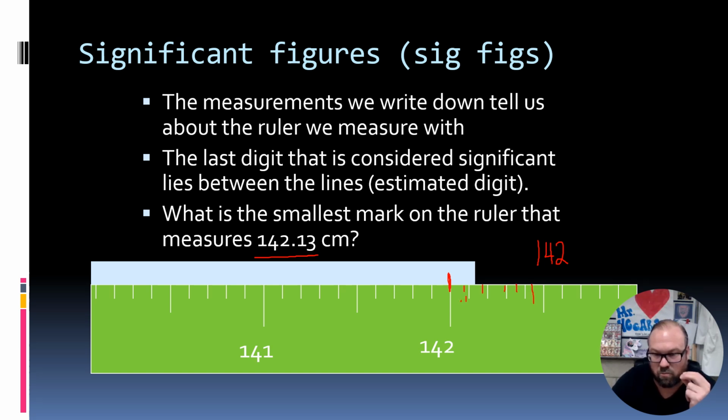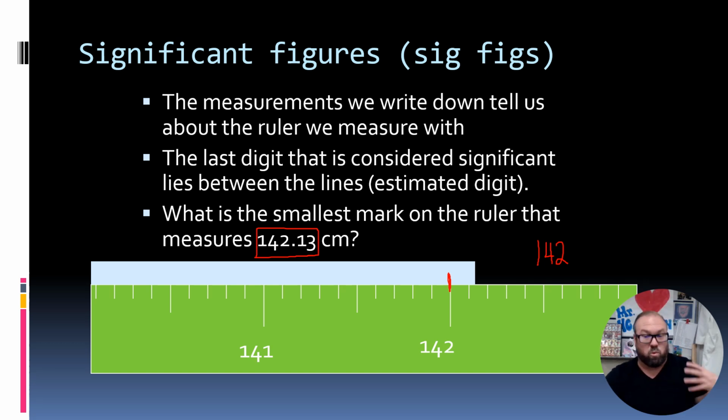Do we have 0.1, 0.2, 0.3, etc.? We don't. So because we don't have any smaller lines than the ones position, there's no way that you could accurately represent this number of 142.13 with this ruler.